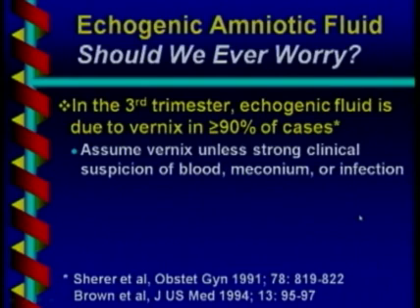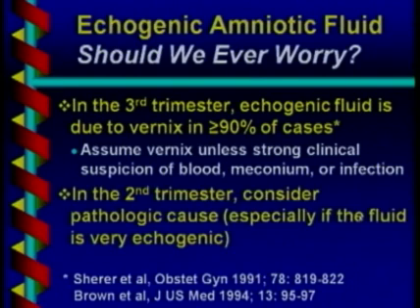So whenever you see bright fluid in the third trimester, you should always assume it's vernix unless there's a very strong clinical suspicion of blood, meconium, or infection. In the second trimester, you have to strongly consider a pathologic cause, especially if the fluid is very echogenic.